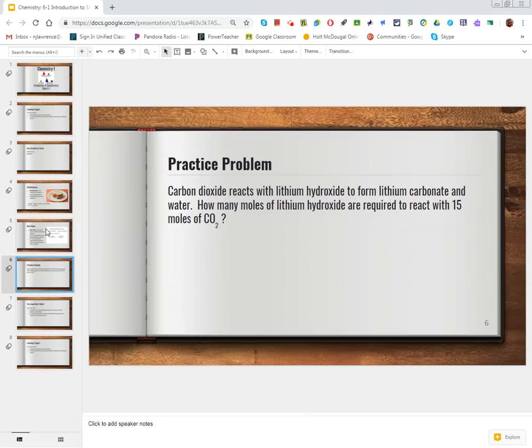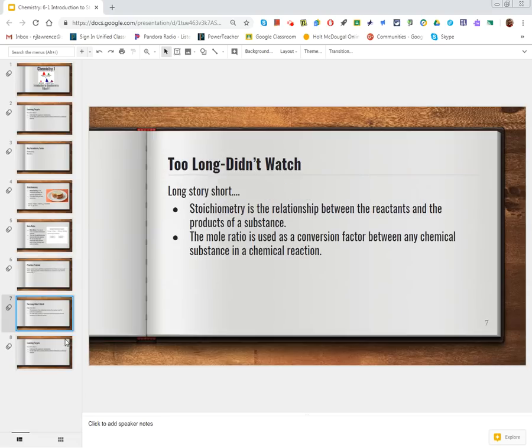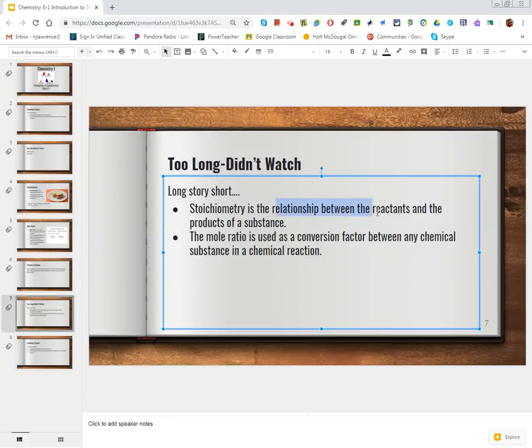So like I said, welcome back to Chemistry 1. In this video, we're just seeing that stoichiometry is a relationship between reactants and products, or between two reactants, or between two products. And our mole ratio is simply using the coefficients to make a conversion factor between those chemicals.